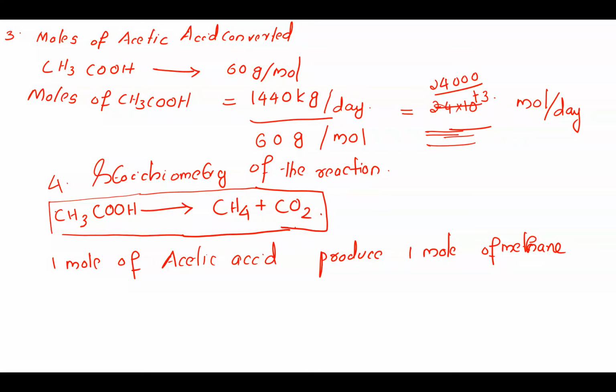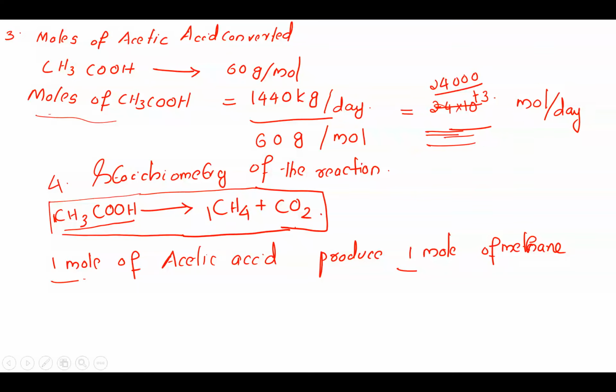From this equation, 1 mole of acetic acid produces 1 mole of CH4, which is methane. So now from this, we can convert the moles of methane to mass. Here we have calculated moles of acetic acid. That we got, 24,000 mole per day.